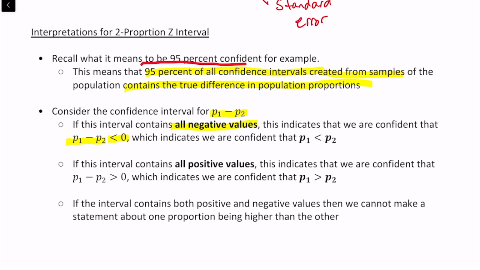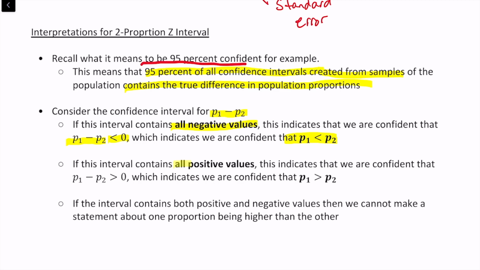That's what it means to be negative. If I solve that inequality, if I add P2 to both sides, this means that we are confident that P1 is less than P2. So that's the connection there. We are saying if we get all negative values in our confidence interval, we are confident that P1 is less than P2.